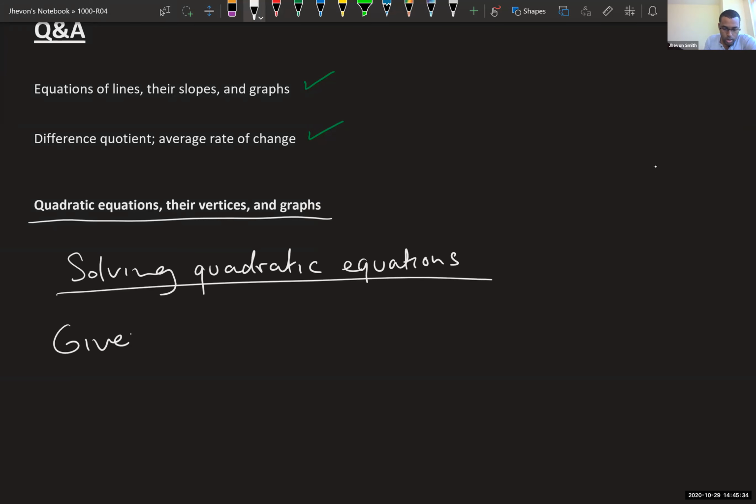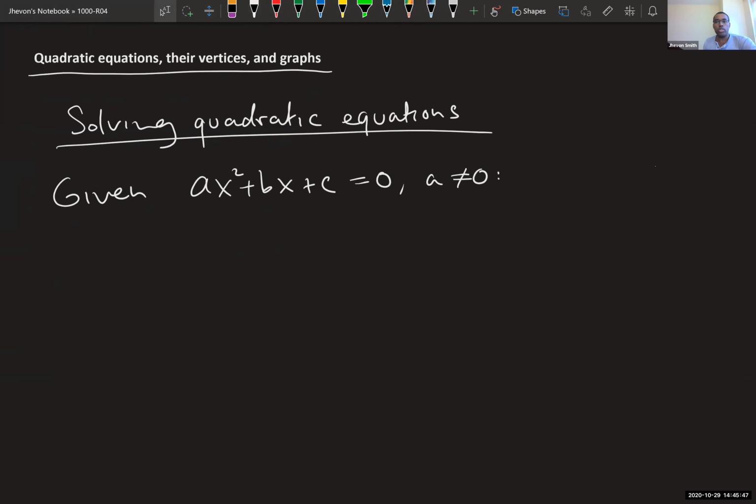Given an equation, say ax squared plus bx plus c equals 0, and your a is not equal to 0, how would you solve it? I gave you this random equation. What is the strategy? How would you approach it? What would you do?